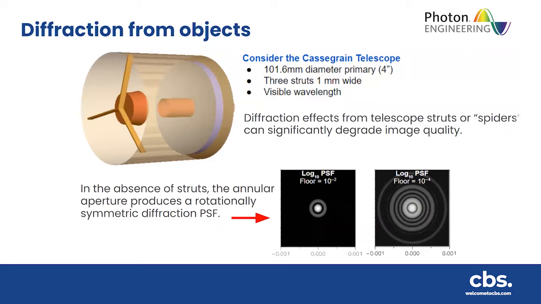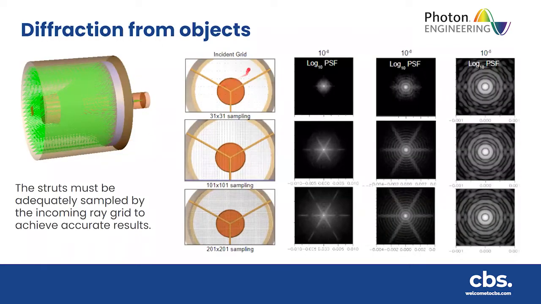And then the question is, if we include the diffraction effects around the struts, what sort of diffraction effects do we see? Again, on the left is a ray trace picture, just to show we're actually doing a ray trace. We have 3 rows of data here, and it's very similar in concept to the triangular aperture. The key point is making sure we have enough samples across the grid to adequately sample, in this case, the object that's blocking the beam.